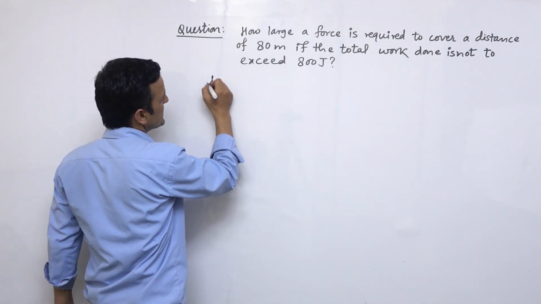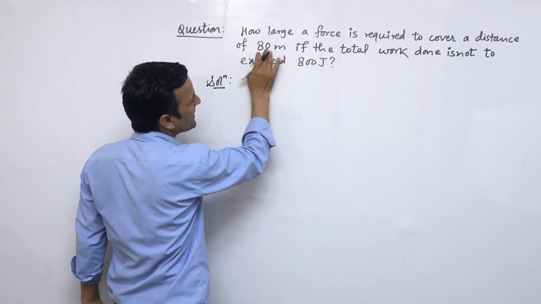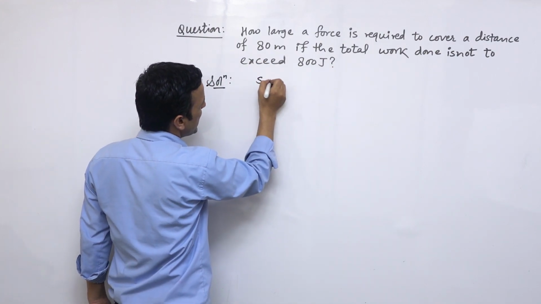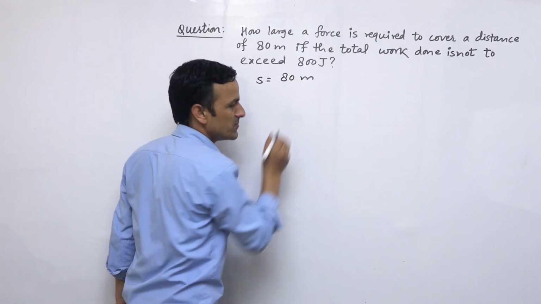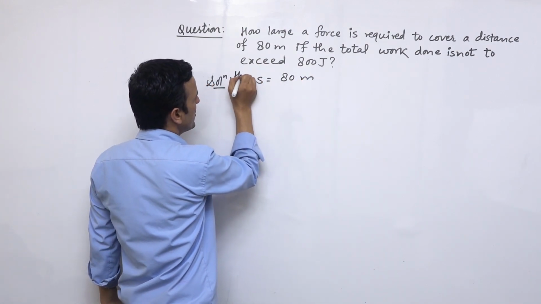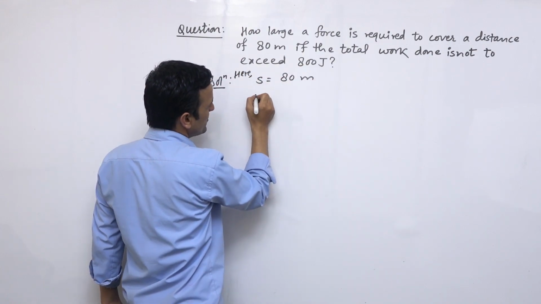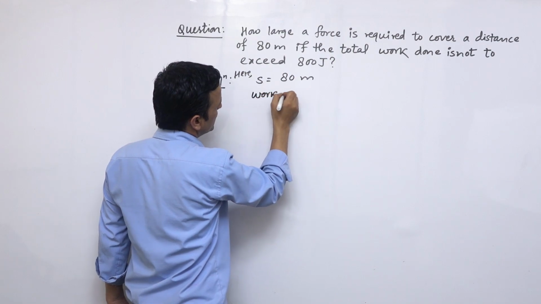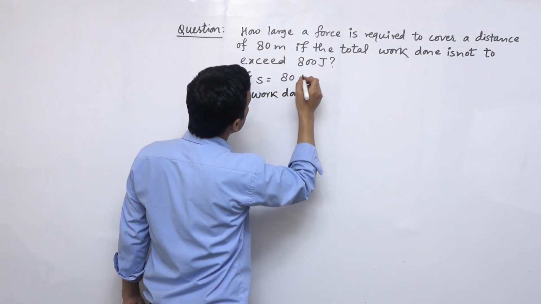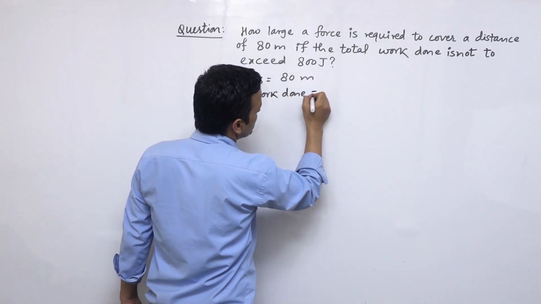So let's point out the values. So we have given 80 meter is the distance, so S is equal to 80 meter. It is given in the question, provided information. And this 800 joule means it is work done. This is work done by object or any particle.